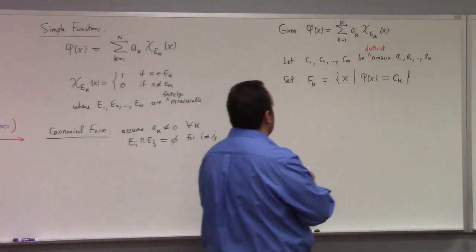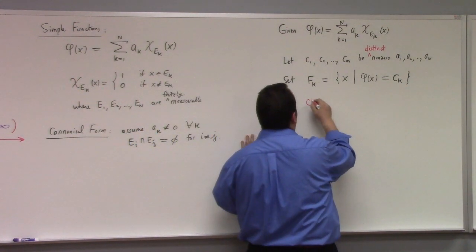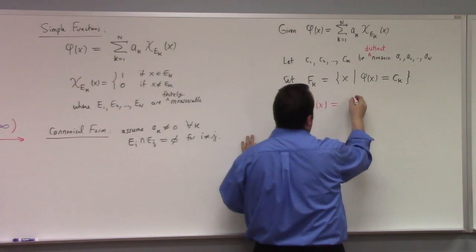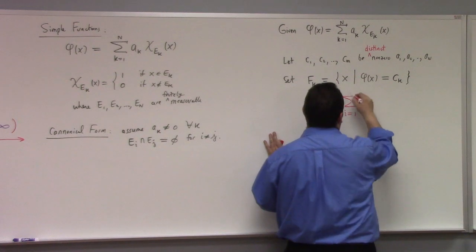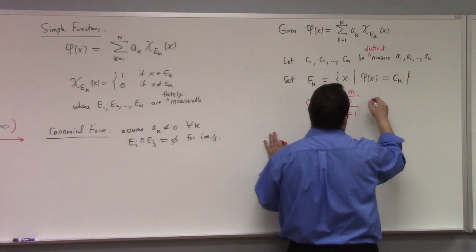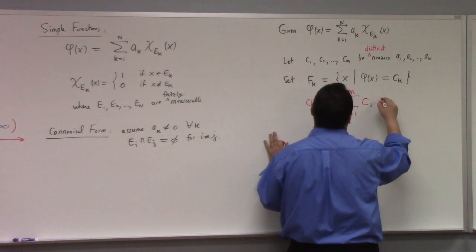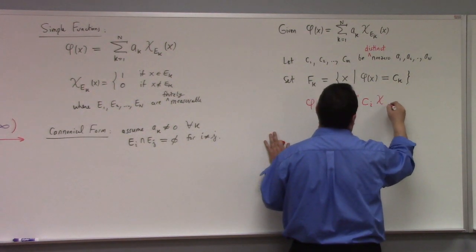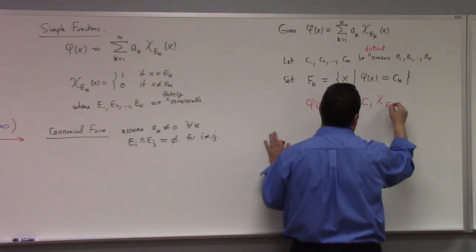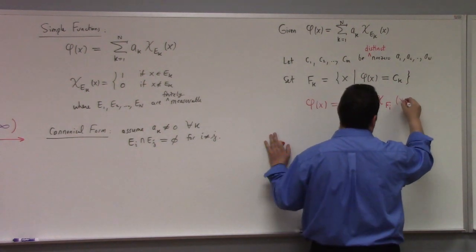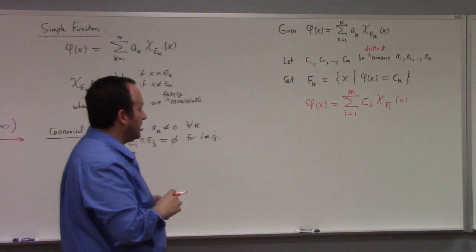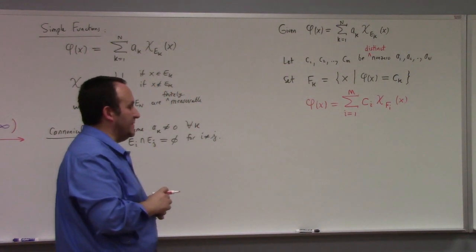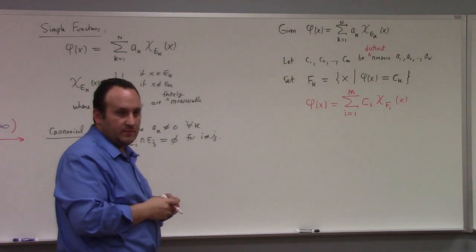And he claims that then phi of x can be written as the sum, i equals 1 to big M, of c sub i chi of f sub i of x. I mean, that's a claim. Can you see that those are equal?